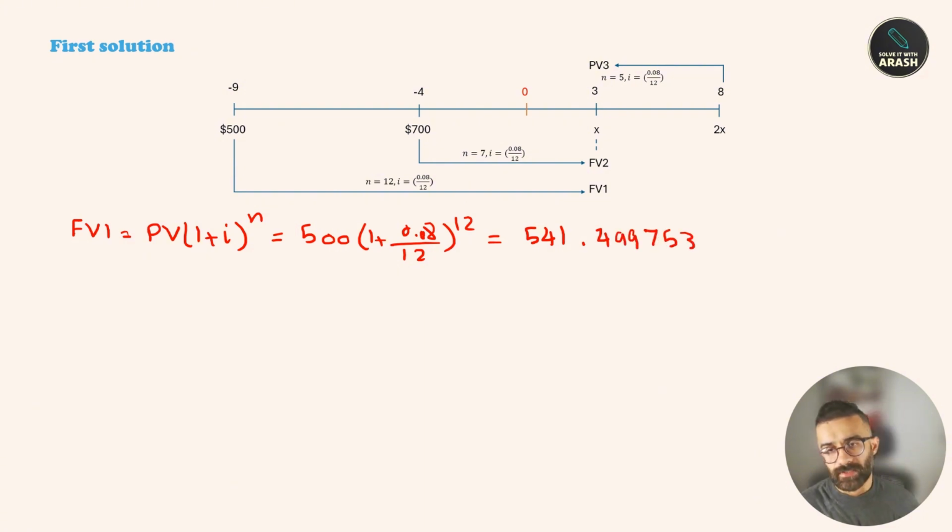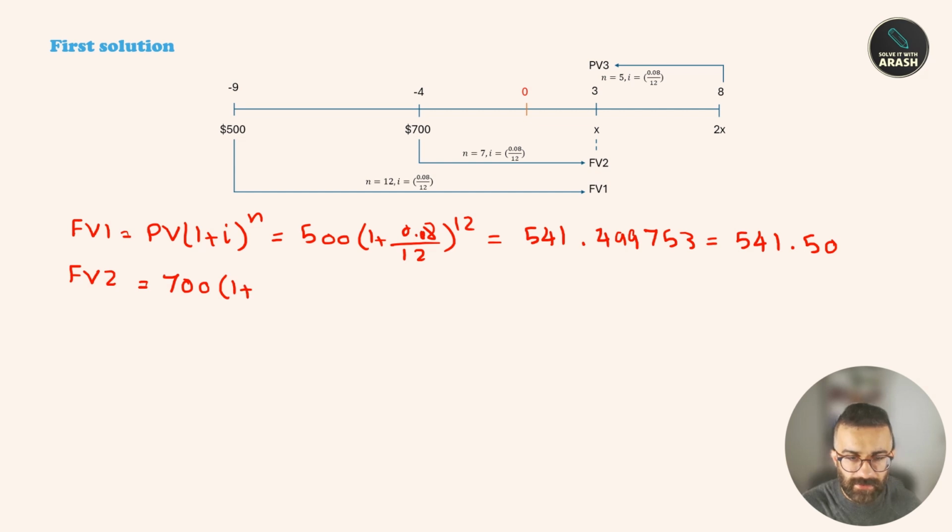I can continue writing the decimals, but I need only 3 decimal places here because the final answer needs to have 2 decimal place accuracy. So it is rounded to 541.50.